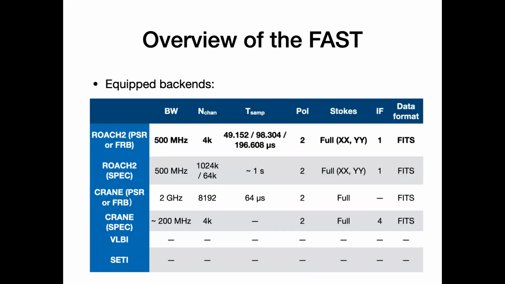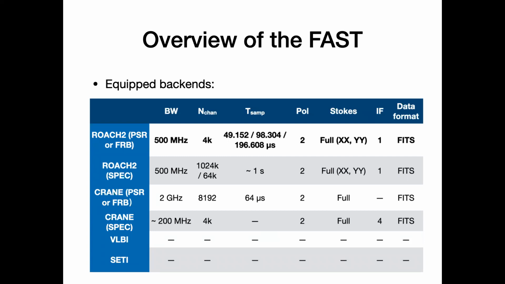And now the available backends can be listed here: we have some based on Roach 2, Crane, and VLBI and SETI. There is no available information for VLBI and SETI because I think they are still in development. But for FRB and pulsar observation, we mainly used Roach 2 to record our data.